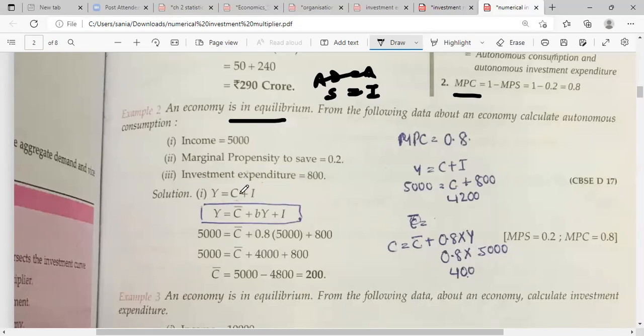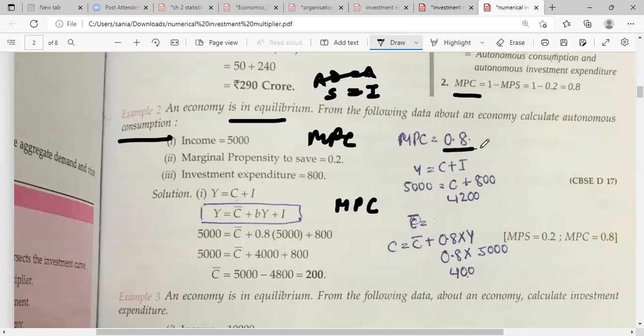So this is the formula. Income is equal to C plus I, but here they are talking about autonomous consumption, so of course you will not apply this formula. You will apply Y equals C bar plus BY plus I. Income is 5,000, C bar will remain C bar, and B is basically the MPC.